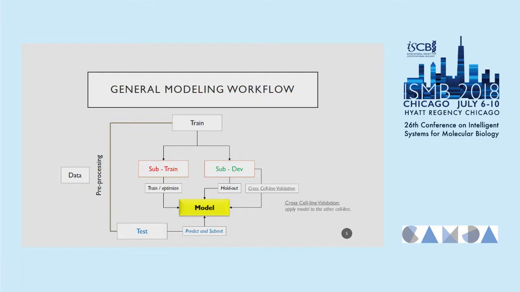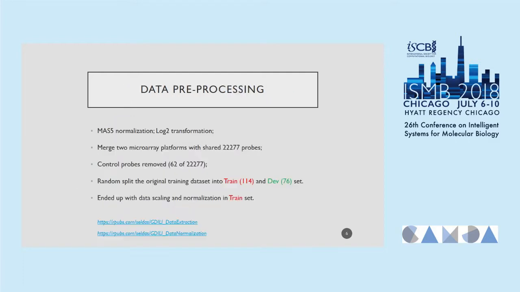Particularly for this challenge, since we have 2 different cell lines, we can also evaluate our model another way, the cross cell line validation, which means you build a model based on 1 cell line, for example the PC3 cell line, and then evaluate your model performance on the MCF cell line. And finally, when your model is built, we predict the holdout test set, the 86 drugs, and then submit it to the challenge.